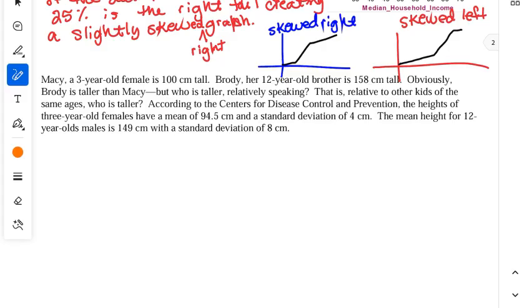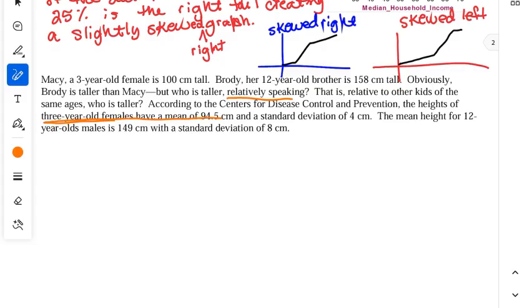Okay, let's move on. Macy, a 3-year-old female, is 100 centimeters tall. Brody, her 12-year-old brother, is 158 centimeters tall. Obviously, Brody is taller than Macy. But who is taller, relatively speaking? This is relative to other kids the same age, who is taller.